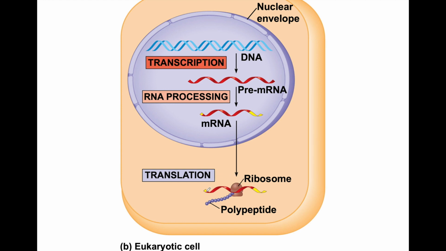The ribosome reads the information on the mRNA, uses that information to build a polypeptide or protein, and that step is called translation. So in eukaryotes, we have transcription, DNA to pre-mRNA. Then we take the pre-mRNA and do RNA processing to make the final mRNA transcript. Then the mRNA is read through the process of translation to build a polypeptide or protein.